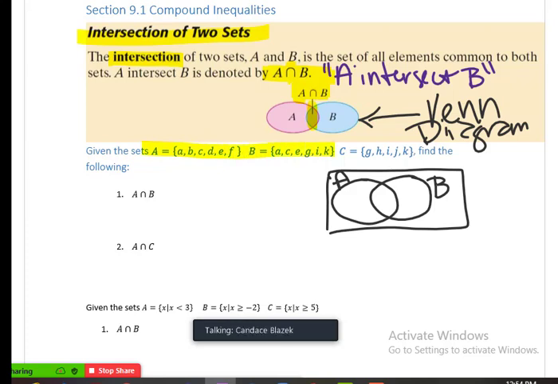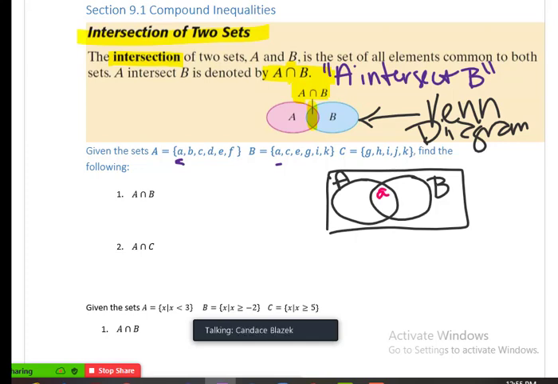All right, now notice that little a is in both sets. So little a, I'm going to write right here, A. I'm going to write this little a right there because it's in the intersection. It's where the sets overlap.